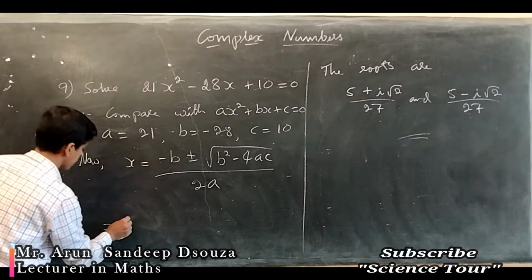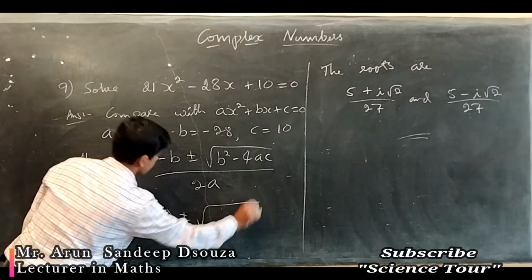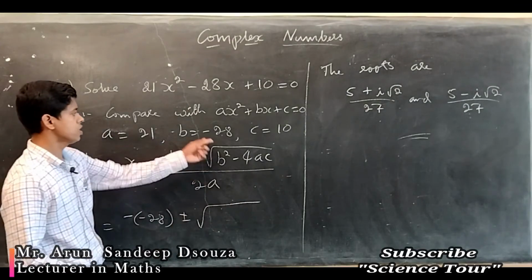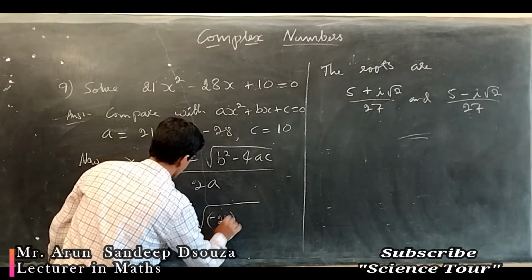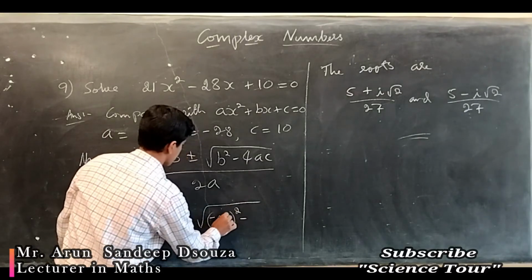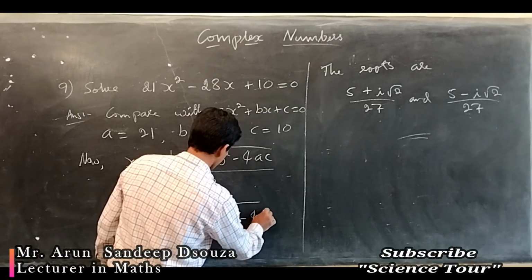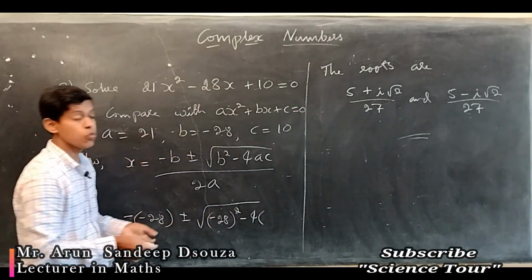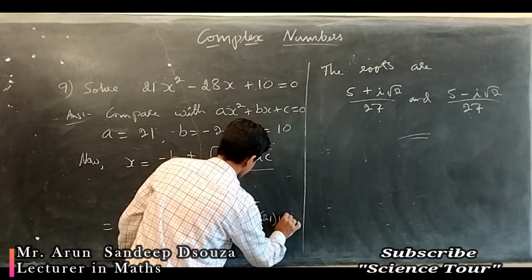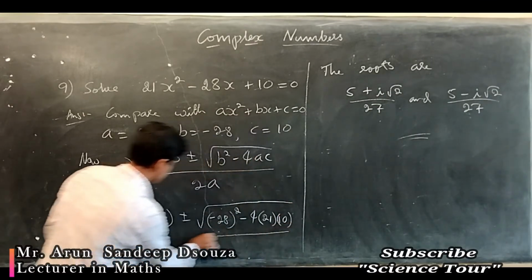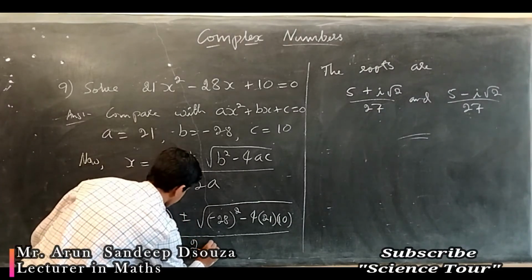Minus b, so minus of minus 28, plus or minus square root of b square, that is 28 square, minus 4 into a, which is 21, into 10, divided by 2 into 21.